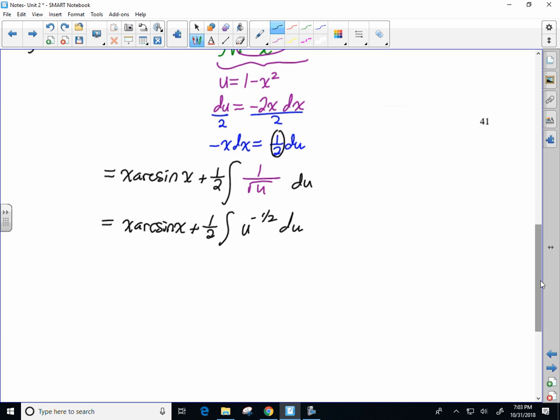Alright, so then it becomes reverse power rule, finally. So, new exponent 1/2, so we're looking at 2u to the 1/2, multiplied by the 1/2 that's already there. Arcsine.